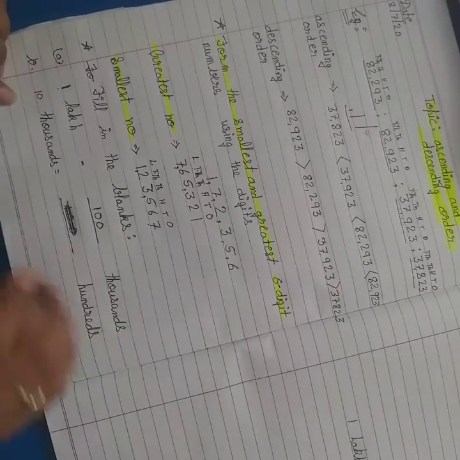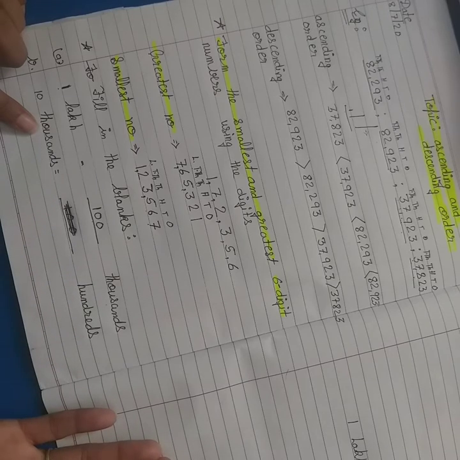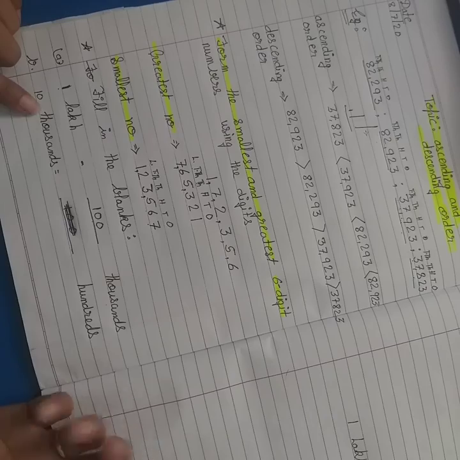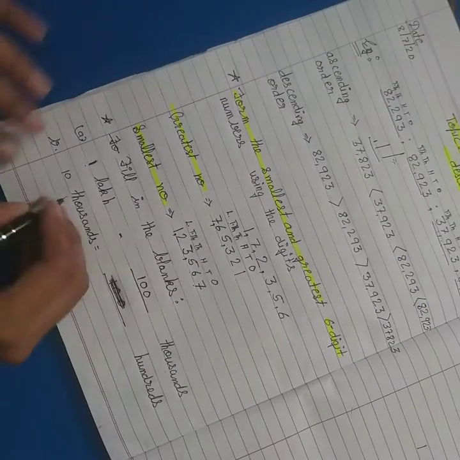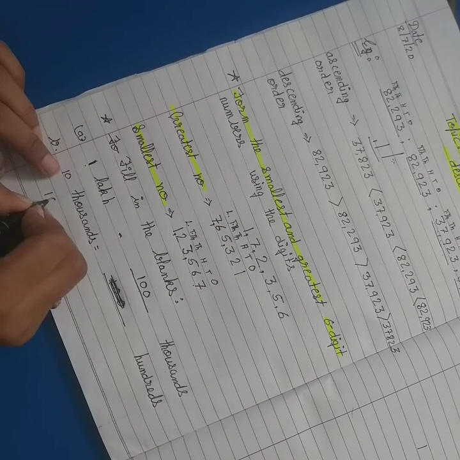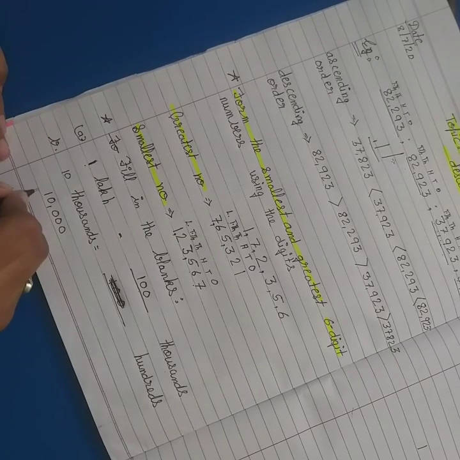Okay, now the next question is 10 thousands, and how many hundreds will be in 10,000? We can solve like this. We can write 10 thousands like this also. And how many hundreds are there in 10,000?